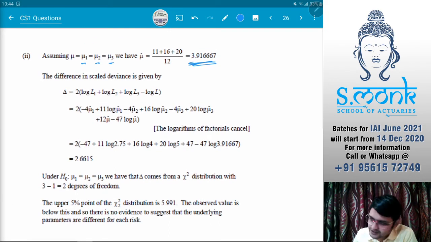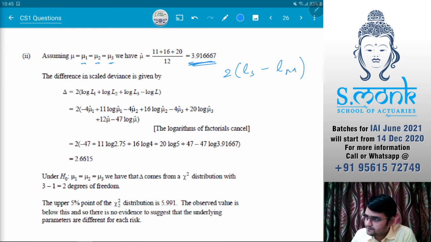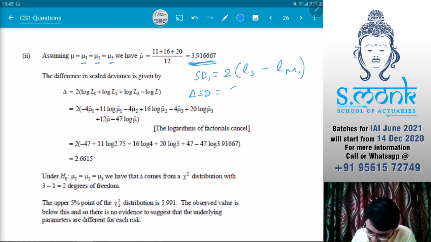So you can calculate the scale deviance. We know scale deviance is 2 times the log likelihood of the saturated model minus the log likelihood of the model. This is our SD1 for model 1, and similarly we can calculate SD2. If I just want the change in SD, that would be SD1 minus SD2.